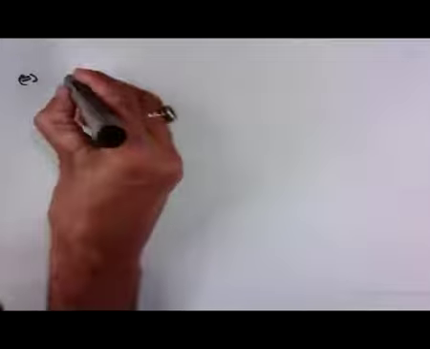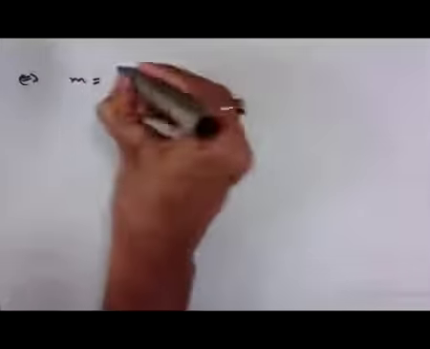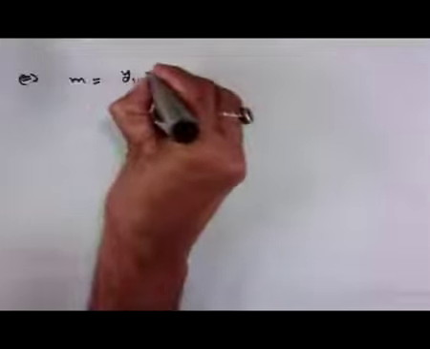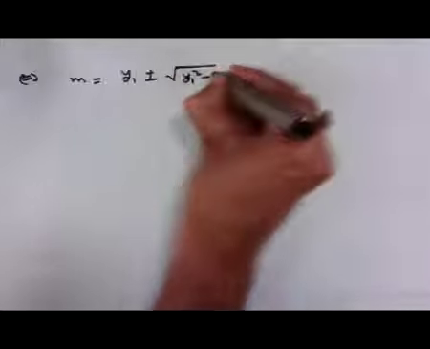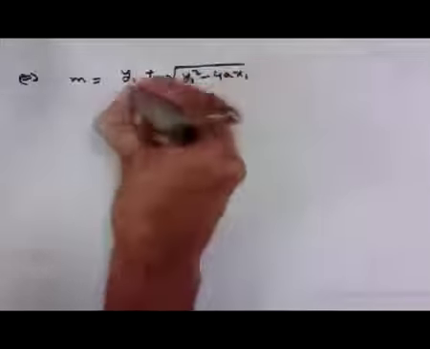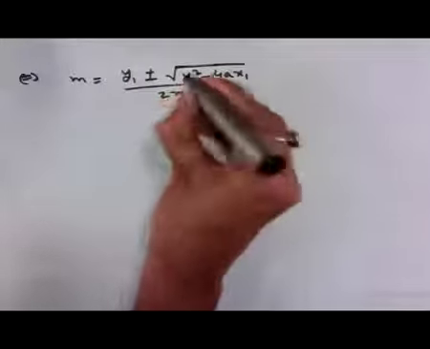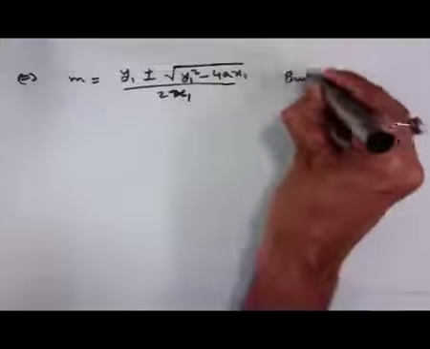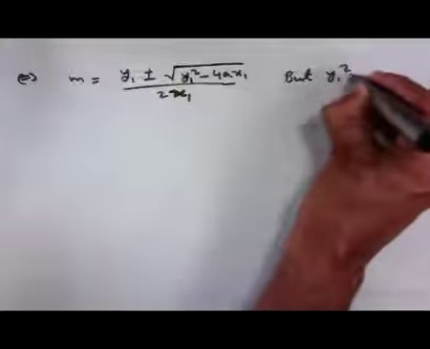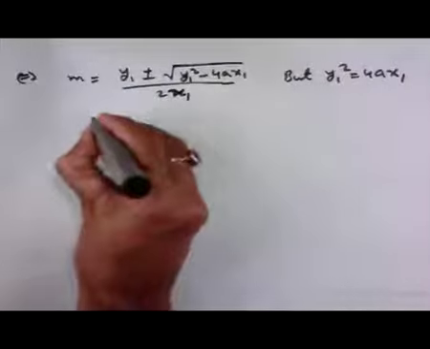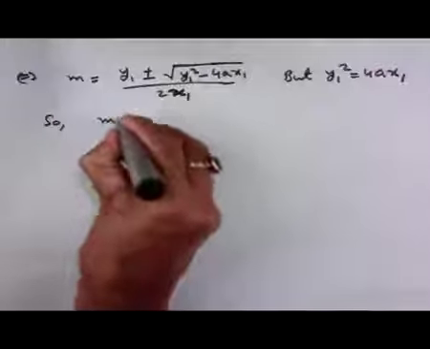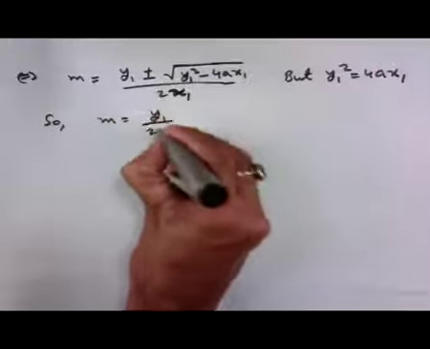This gives m is equal to y 1 plus minus square root of y 1 square minus 4 a x 1 divided by 2 x 1. But y 1 square is equal to 4 a x 1 because x 1 y 1 lies on the parabola. So, m is equal to y 1 by 2 x 1.